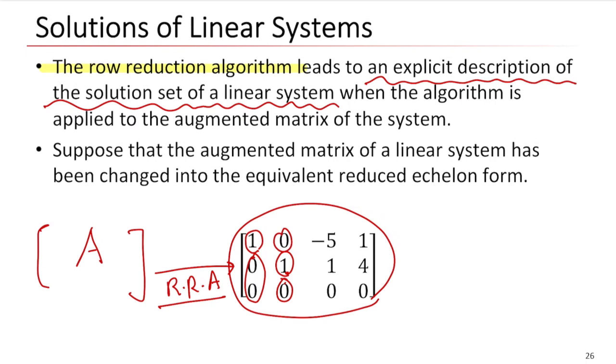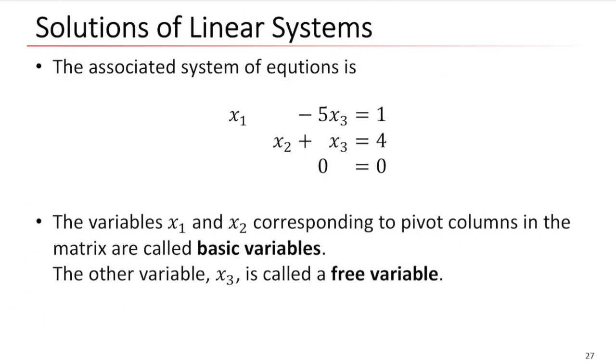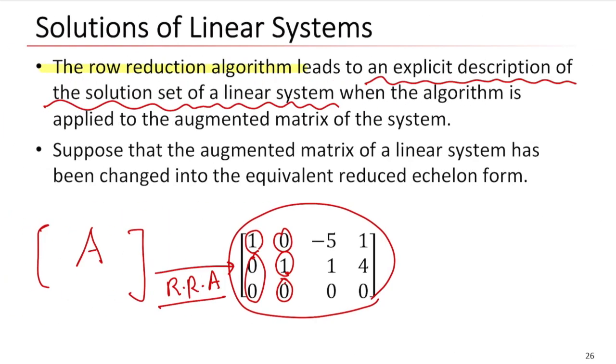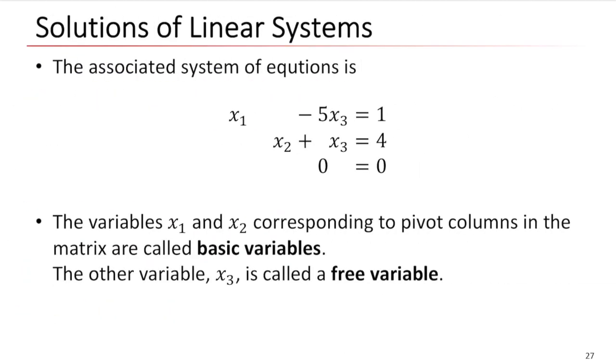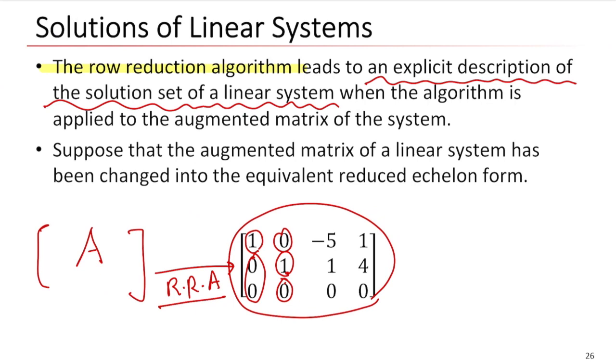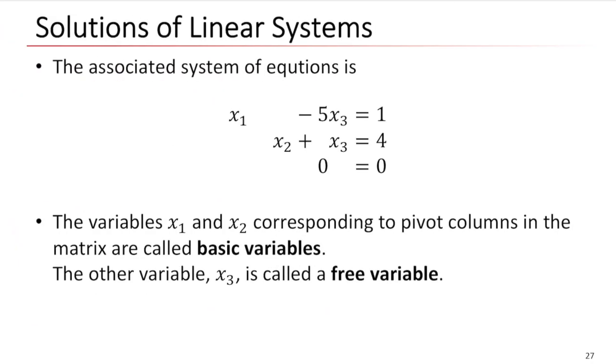So this is the reduced echelon form. In this case, what is the solution of this reduced echelon form? To verify this, let's go back to the equation form of this linear system. This linear system can be represented in an equation form like this and this, right?